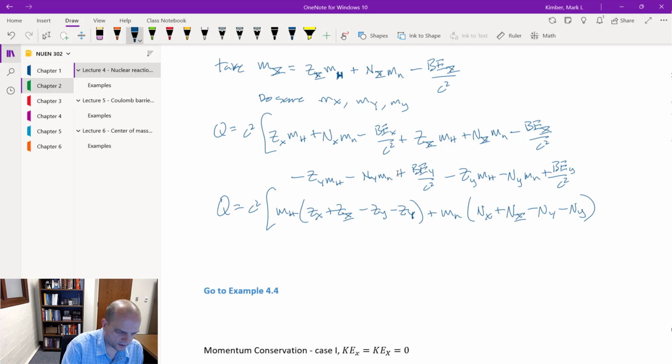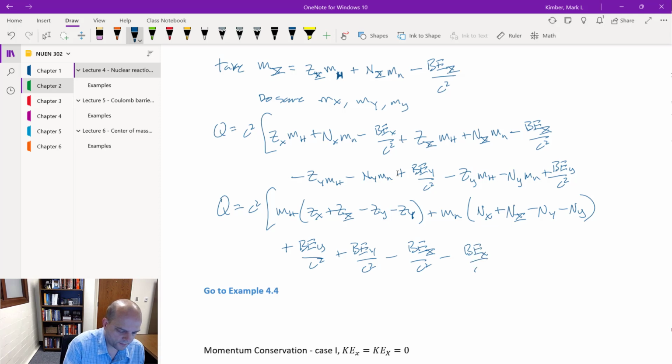I don't have a bracket just yet. But then I've got all these binding energies. Binding energies of Y plus binding energy of my heavy product minus the binding energies of my reactants.